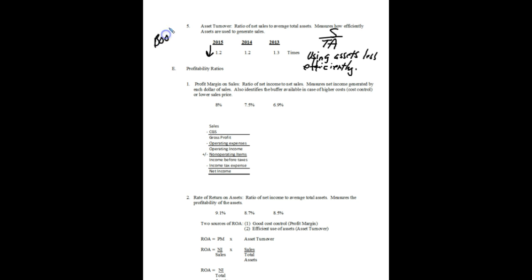Now, here's a heads up on this ratio. This ratio looks at total assets, which are measured using book value. Well, book value, especially for those physical assets, is cost less accumulated depreciation. So if you've got older assets, meaning property, plant, and equipment, you're going to have a smaller book value.